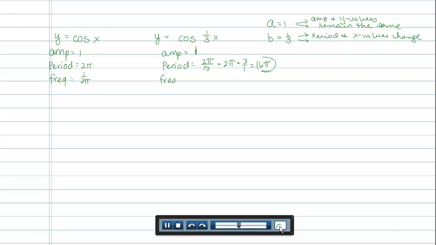And the frequency is going to be 1/6 pi. So that means one of these curves is going to take as long as 6 pi. So this curve is going to be 3 times longer than the regular cosine curve, because the period is 3 times longer. This period is 2 pi. 2 pi times 3 is 6 pi. So it takes 3 times as long for this wave to be completed, whereas the cosine can be completed.